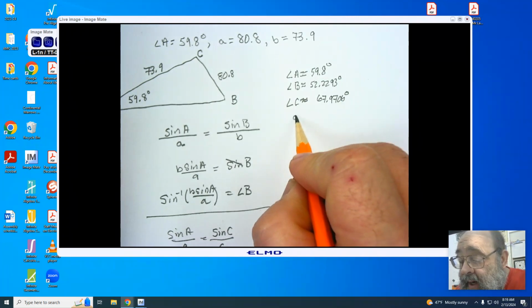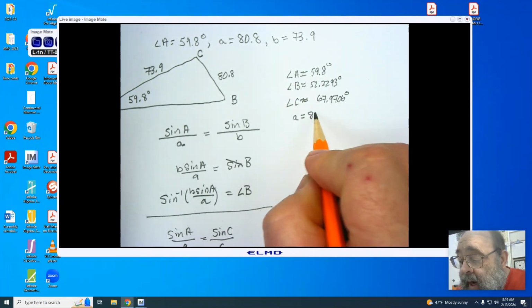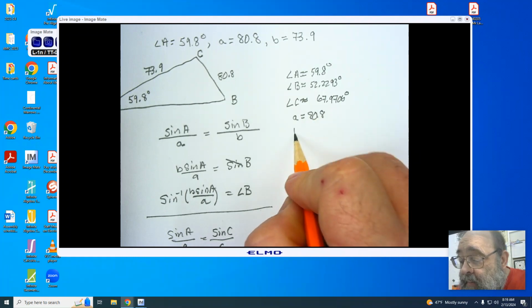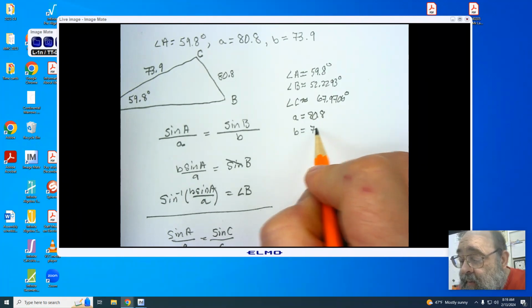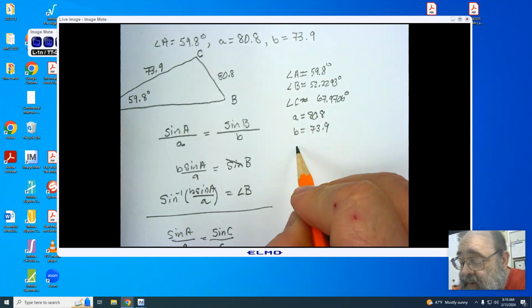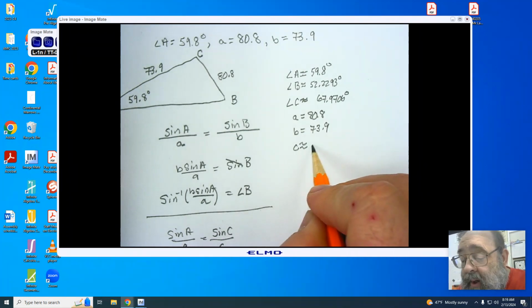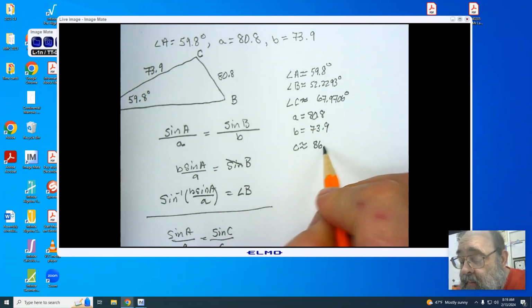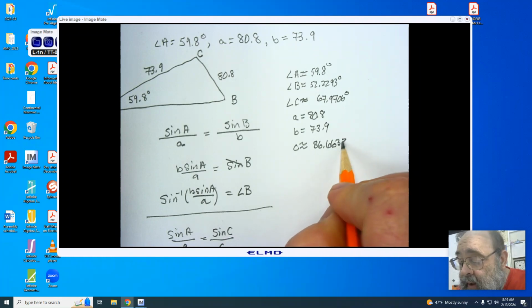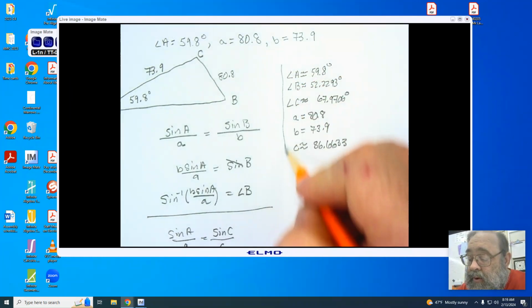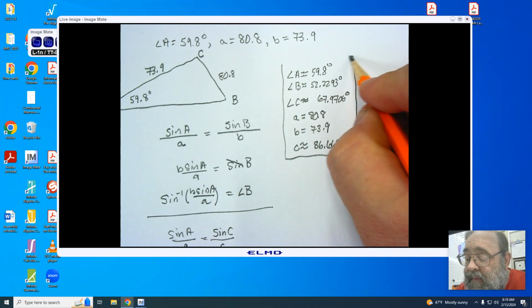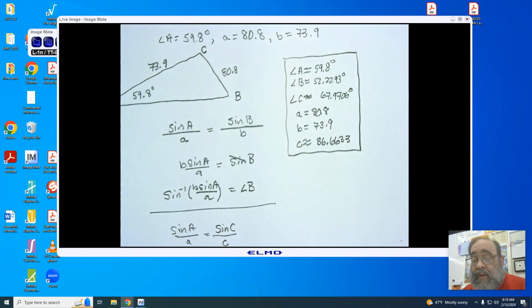Then we have side A, which was given, 80.8. Side B was given, 73.9. And side C we just found to be approximately 86.6633. This now becomes our solution, and we have found our solution to the triangle that has only one solution.